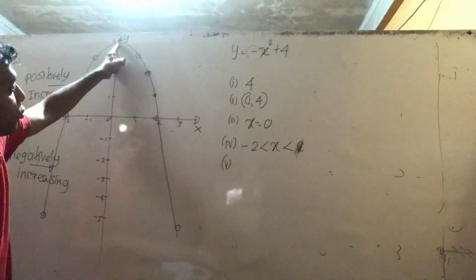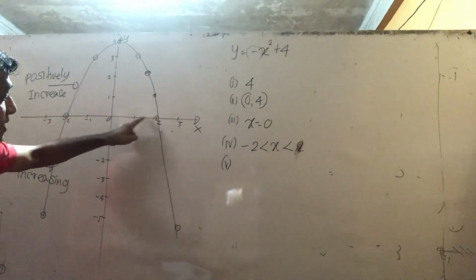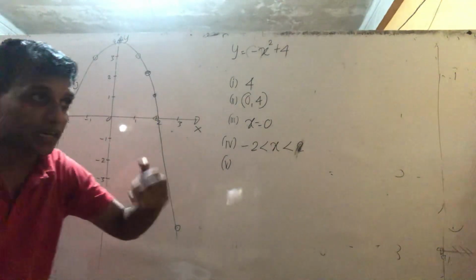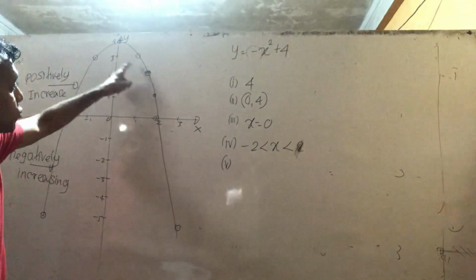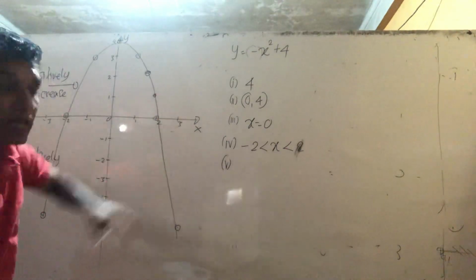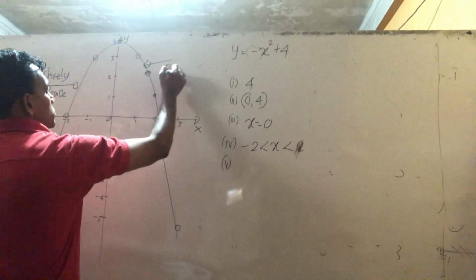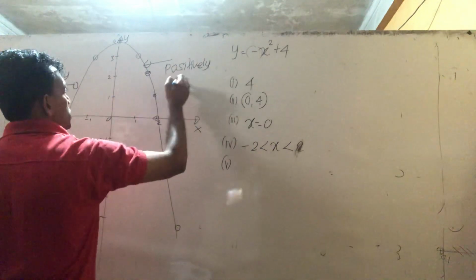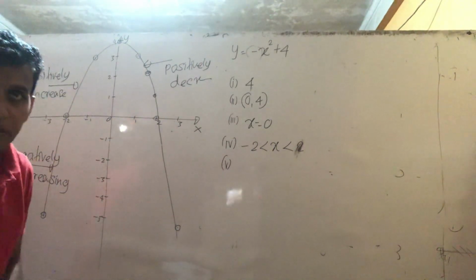This one: y is 4, here y is 3, 2, 1, 0. Decreasing. y gradually decreases, right? Here y is 4, 3, 2, 1. Positively decreasing part.